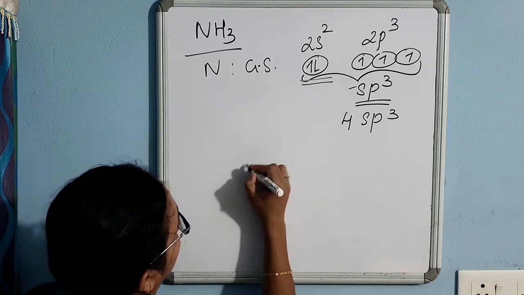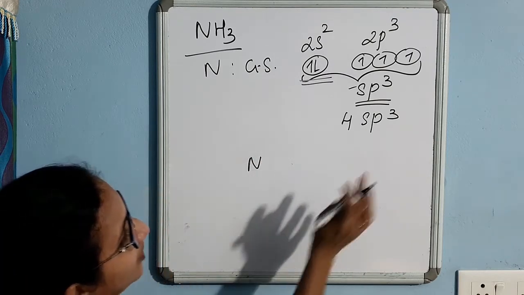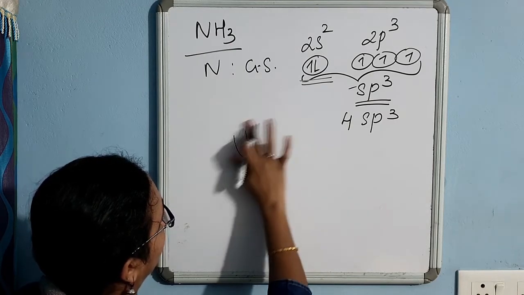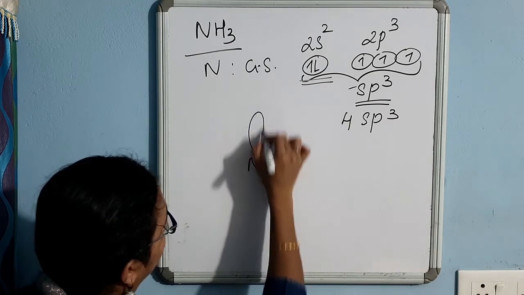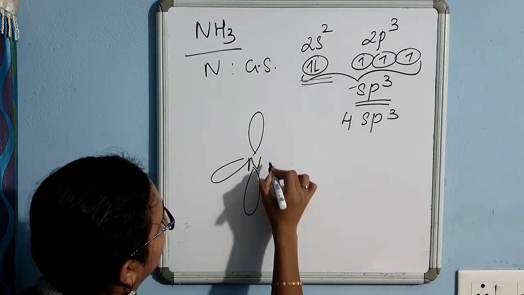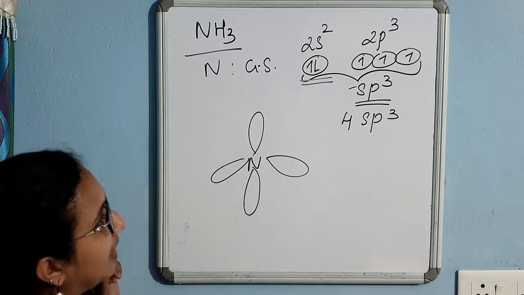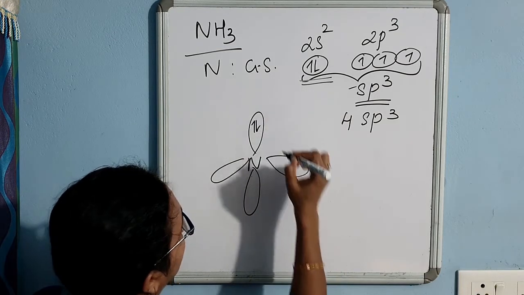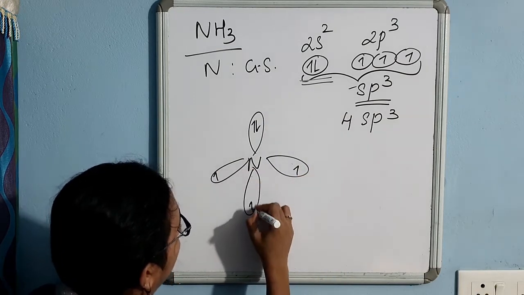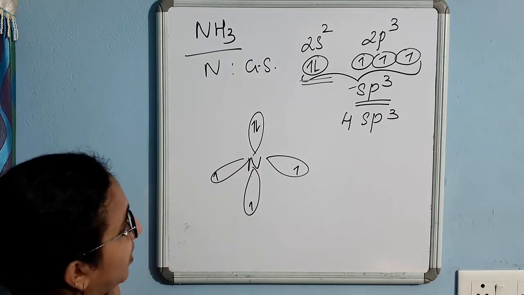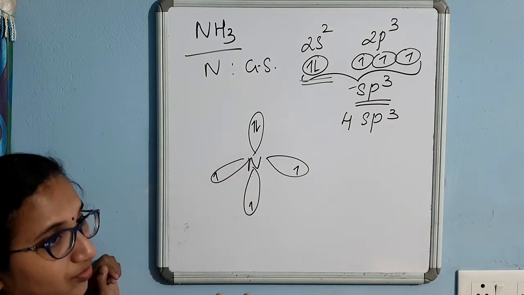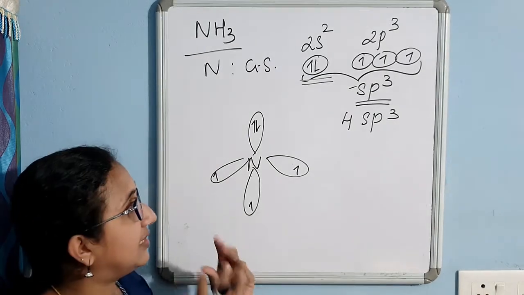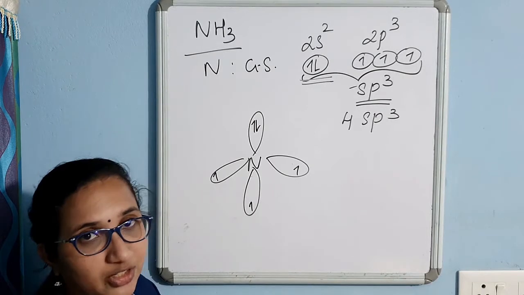Since we have a nitrogen atom with sp3 hybrid orbitals, they will be arranged in a tetrahedral manner. But in this case one of the orbitals contains a lone pair. So because of the presence of the lone pair, the geometry of the molecule will shift from the expected tetrahedral shape to a pyramidal shape.